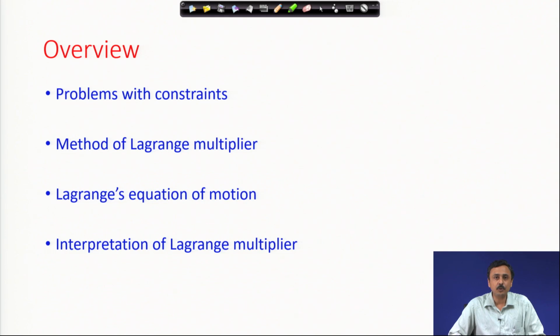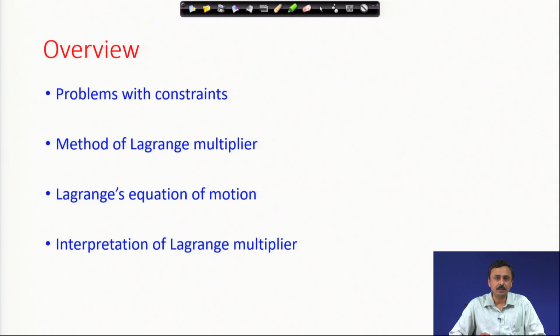In this lecture, I am going to take a few more examples and show you the full power of this method of Lagrange multiplier in determining constraint forces. And remember that in order to determine constraint forces, we have to first break the constraint.